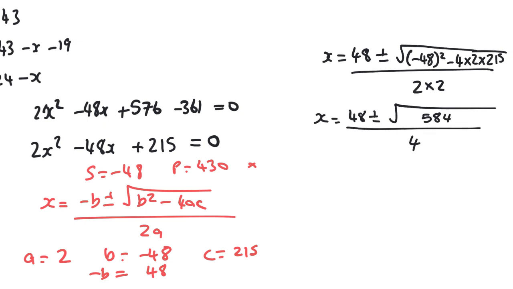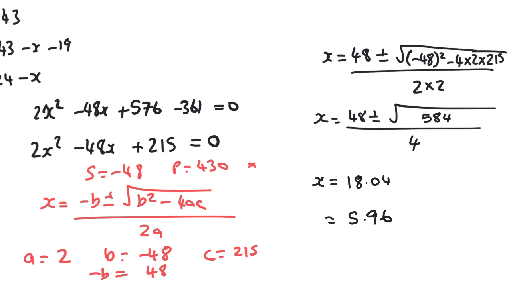To get the 584, I've squared minus 48, and just in my calculator then done minus 4 times 2 times 215. So putting this into my calculator, I get that x equals 18.04 or 5.96. So those are my two possible options.